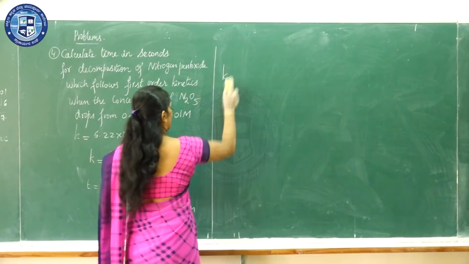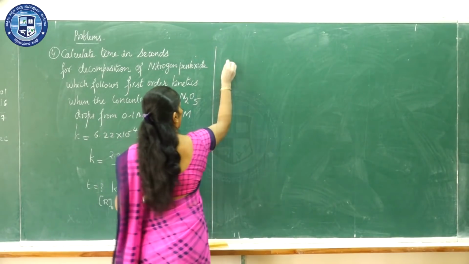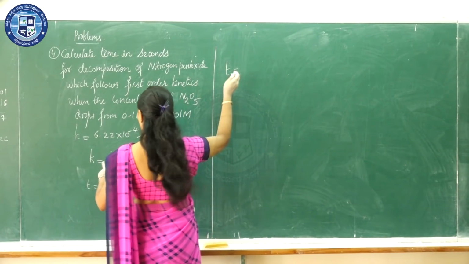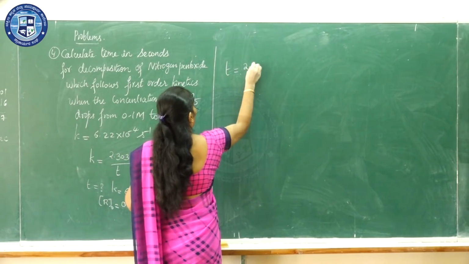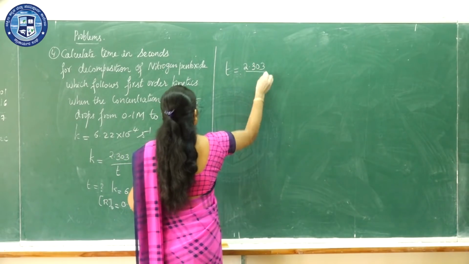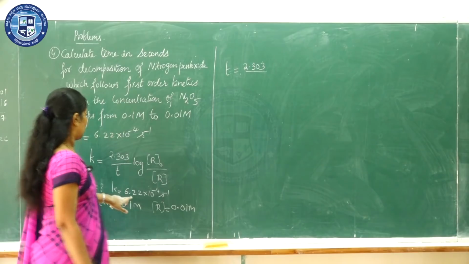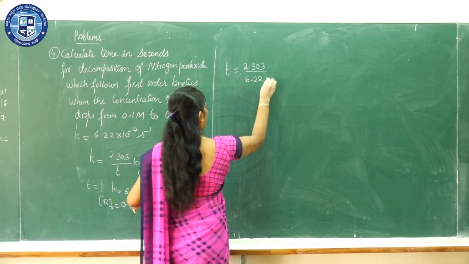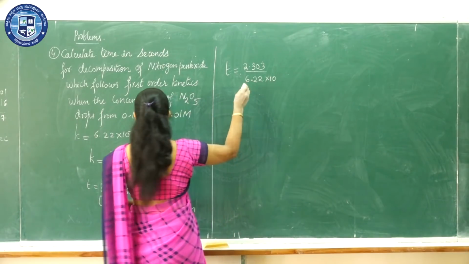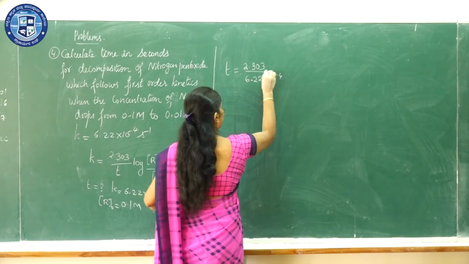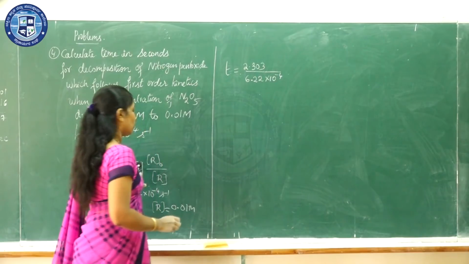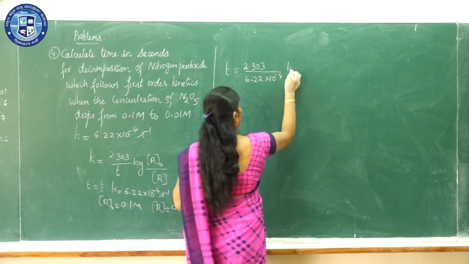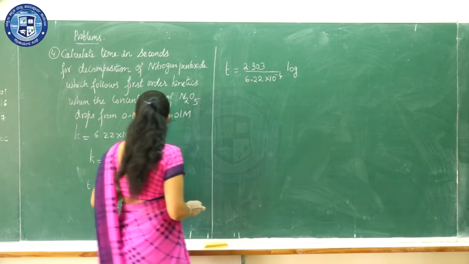So, we have to find T. So, I will write T is equal to 2.303. I will substitute for K, it is 6.22 into 10 to the power of minus 4. Then log, you have to take log of which one? R naught.